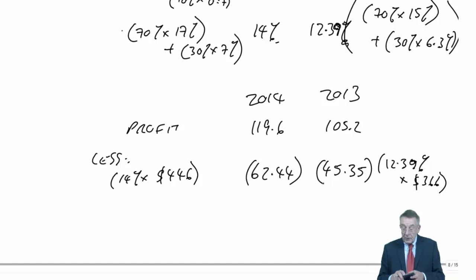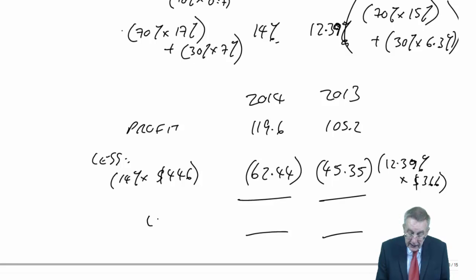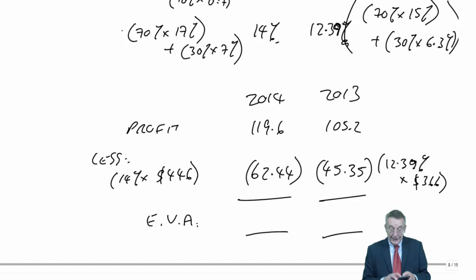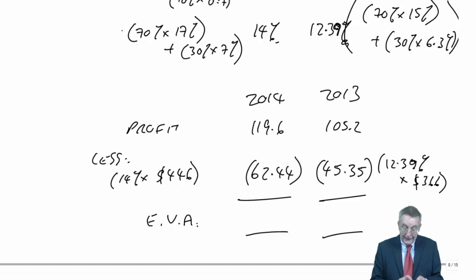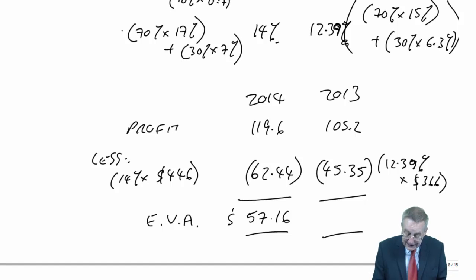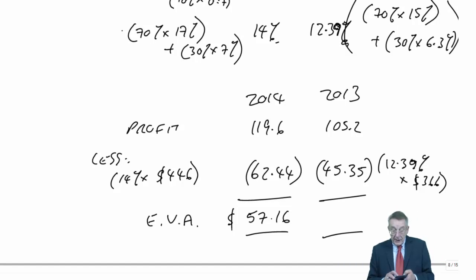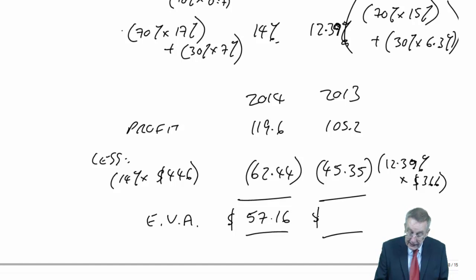Let me just check that. 12.39% times 366. 45.3, yeah. Which leaves us with an economic value added of £57.16 in 2014. In 2013, 59.85.